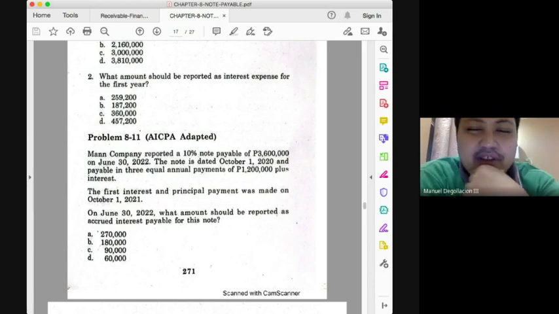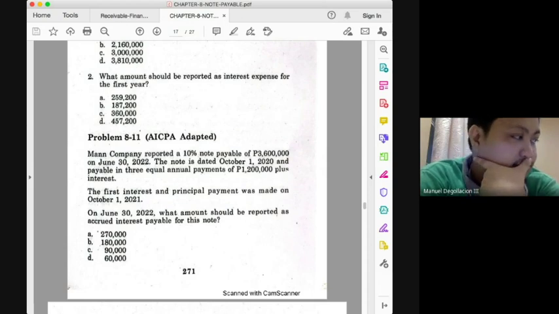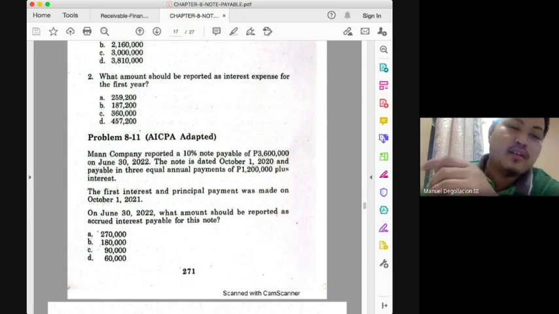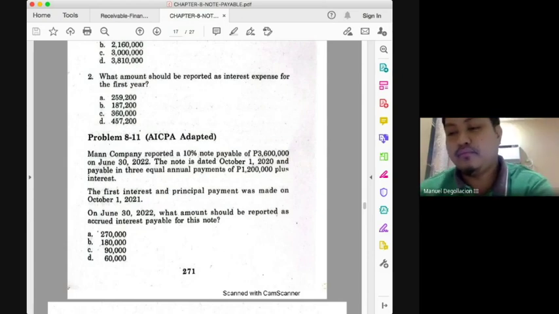So if the 240,000 is worth 12 months of interest, and we're only looking for 9 months of interest, then multiply 240,000 with 9 over 12.